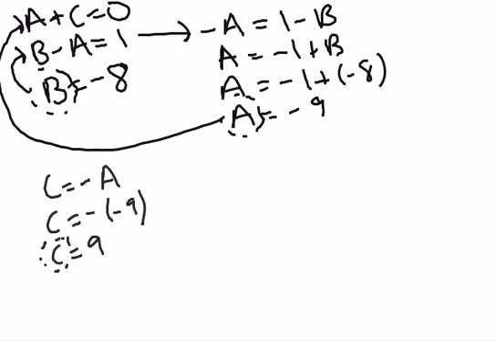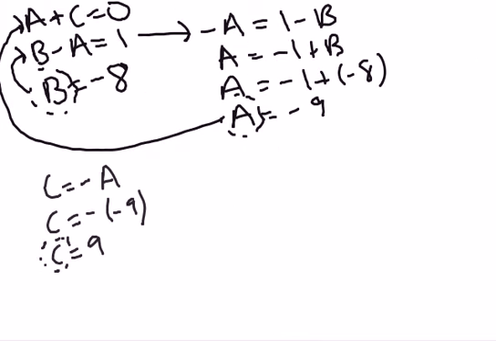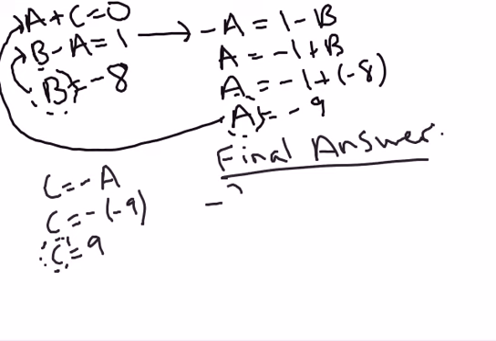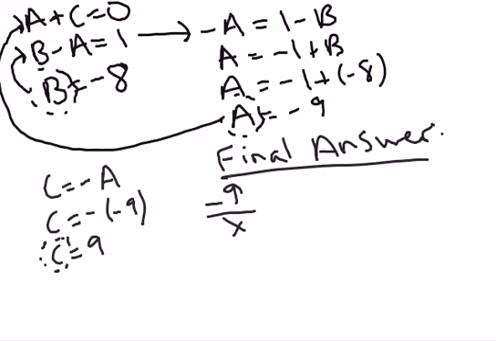Okay. And so altogether, if we go back to my original page, and I look here, I have a over x. Okay, so I'm going to write my final answer here. So a over x, where a is negative 9, plus b over x squared, where b is negative 8.